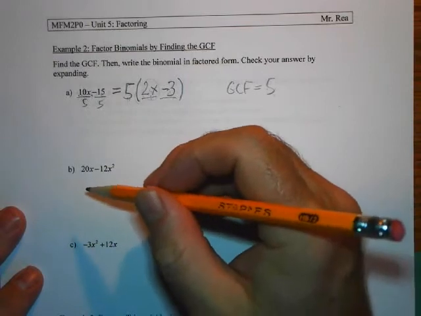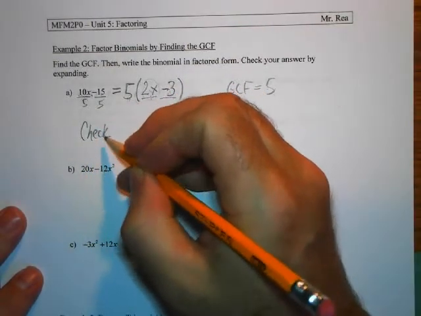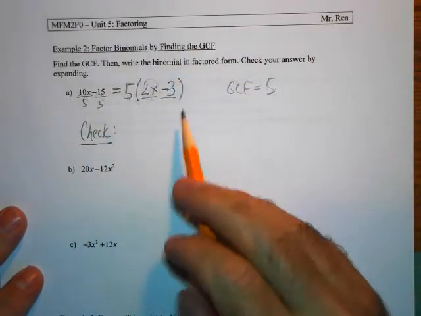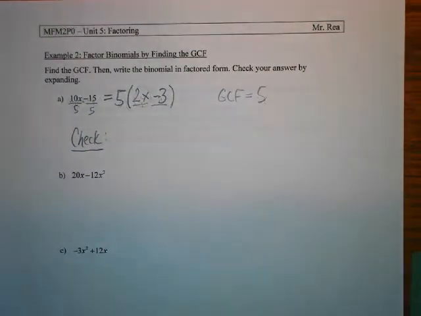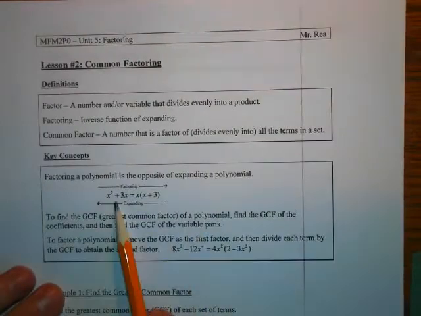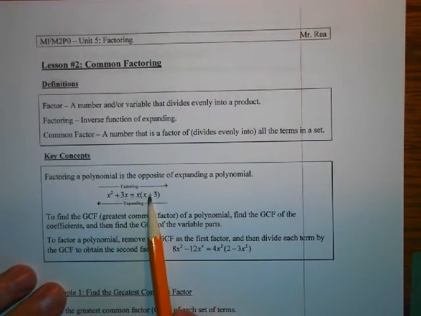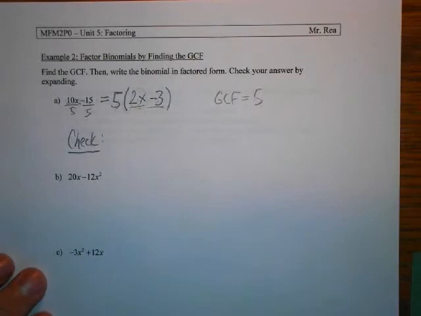Now, the best thing about factoring, there's not all that many best things, but you can always check your answer. So remember the first page, how we talked about how they were opposite processes, right? So when I factor something, I can always then turn it around and go, okay, well, let's expand this and see if we get back the original question.